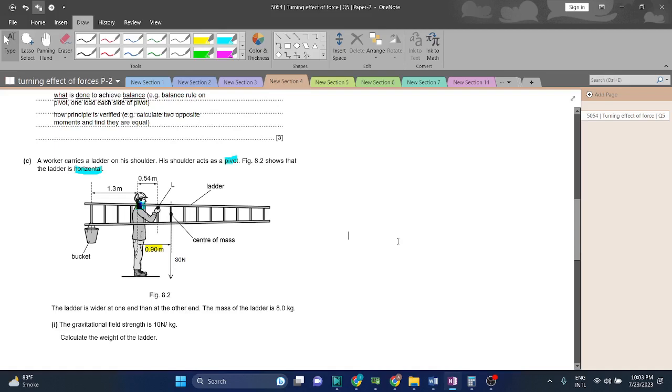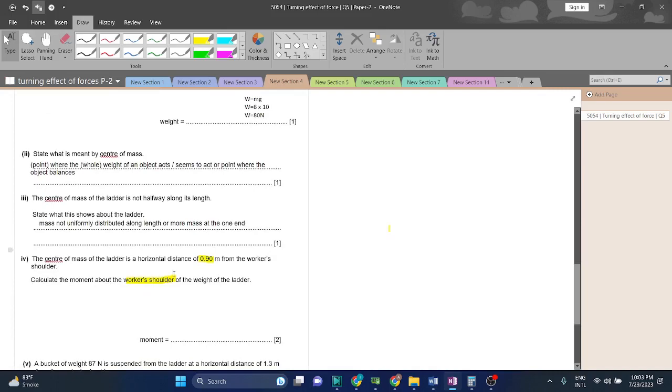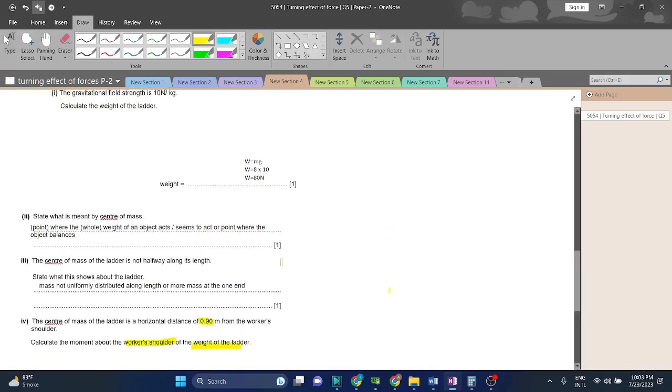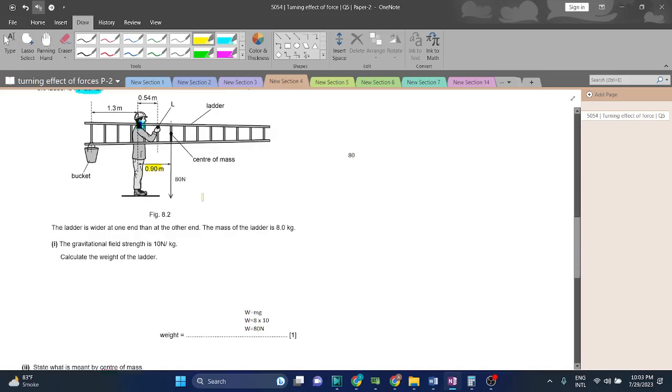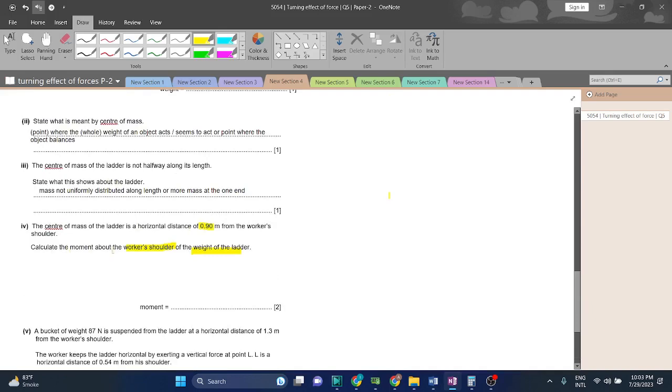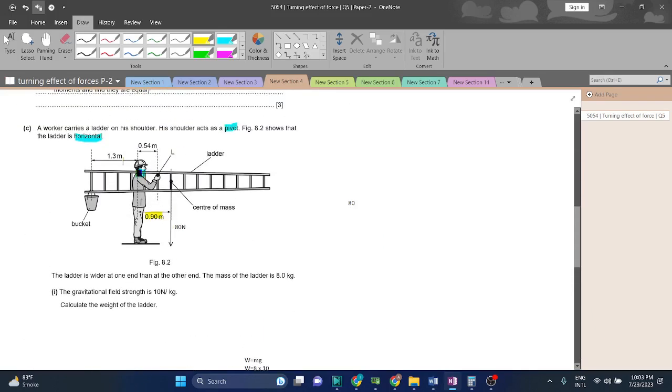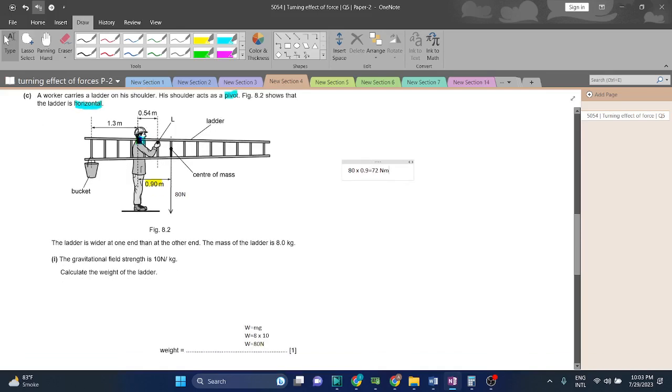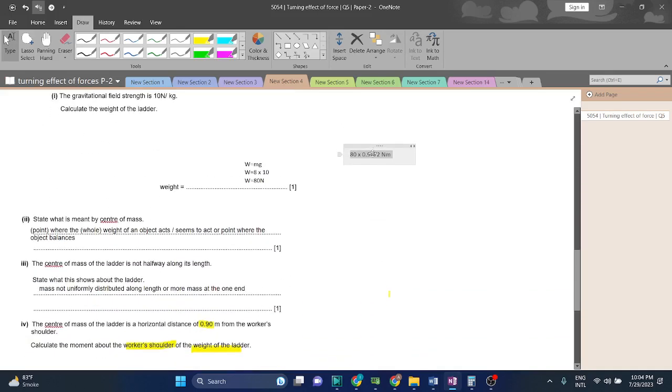We're going to use the force of 80 newtons, which is the weight of the ladder as they mentioned, and the distance is 0.9, as they previously stated. About the worker's shoulder means the perpendicular distance we take is 0.9. 80 times 0.9 will give us 72 newton meters. How did we get newton meters?